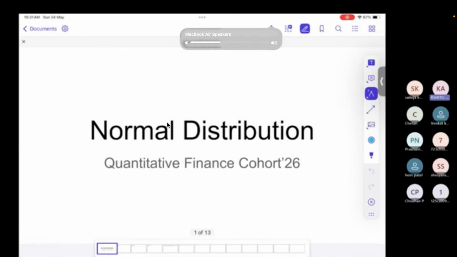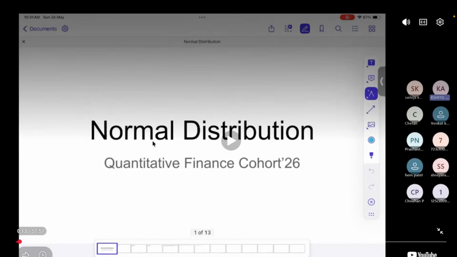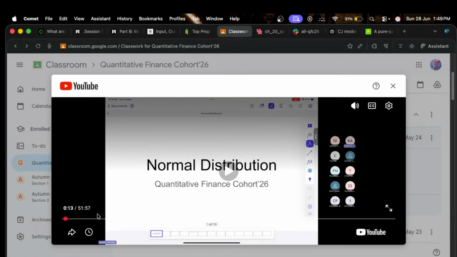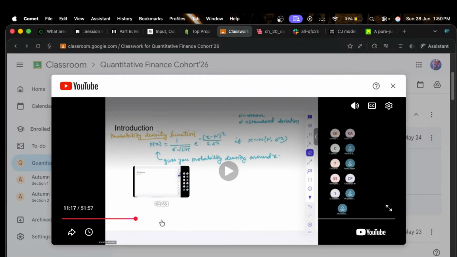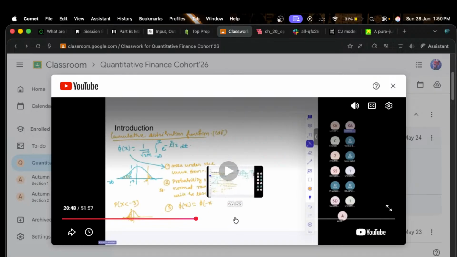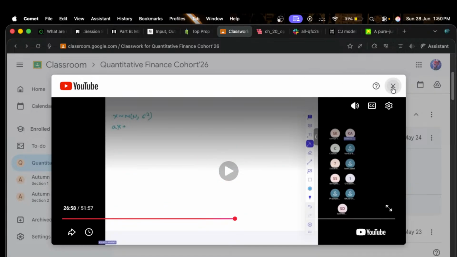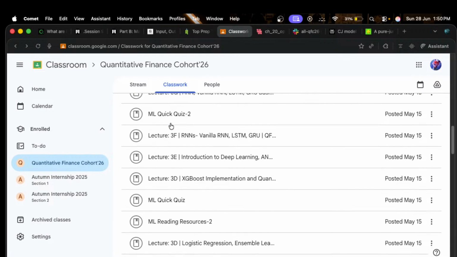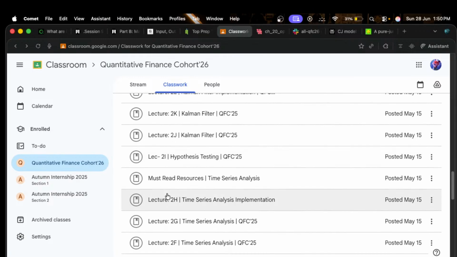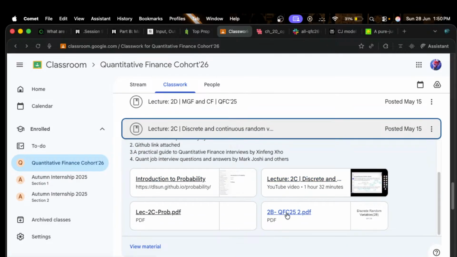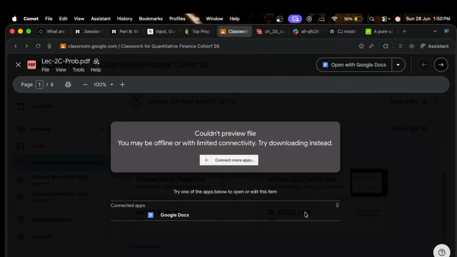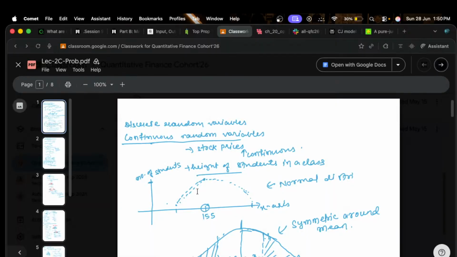So the basic theoretical concepts have already been covered in module 2C.